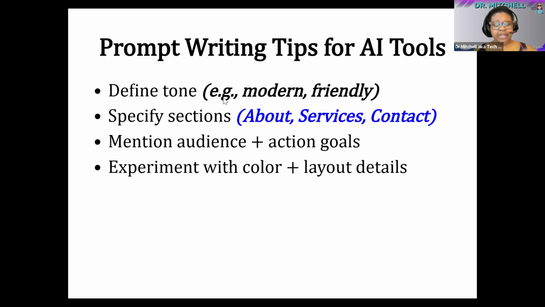Forgot to put that one up there. Specify sections, if it's going to be about service, contact. Remember, I'm only asking you for the homepage, so you figure out which one is going to be that homepage. Mention your audience. Remember, if it's a veterinarian, all animal pet owners, and the action goals. What is the purpose of that website?